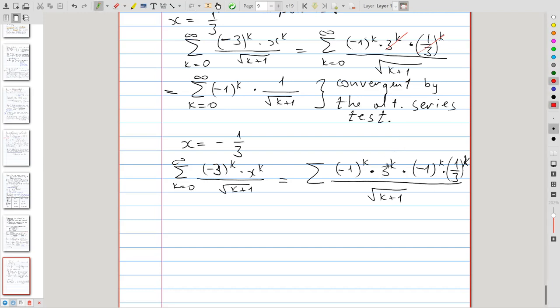Cancellation. Great. These two together, by the way, are equal to minus 1 squared to the k, and that is simply 1. So all in all, our series becomes the sum of 1 over square root of k plus 1.